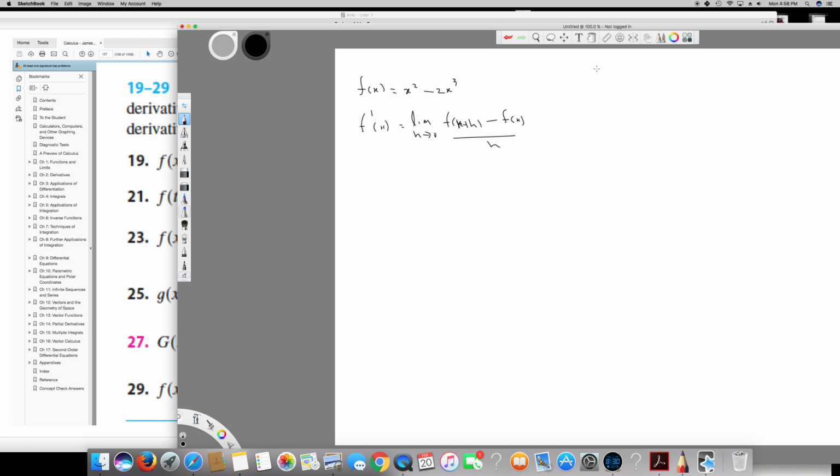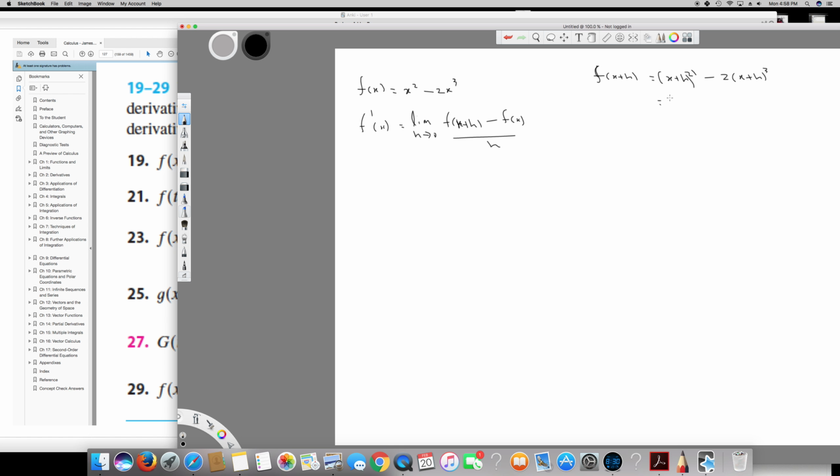And if I find f(x plus h), instead of x I'm going to plug in x plus h squared minus 2 times (x plus h) cubed. So this is the value for x plus h.